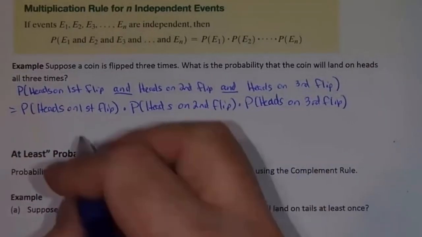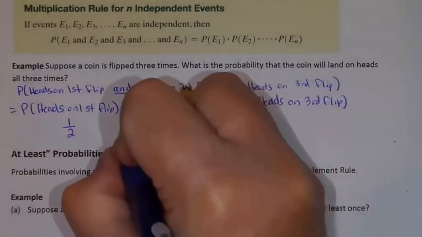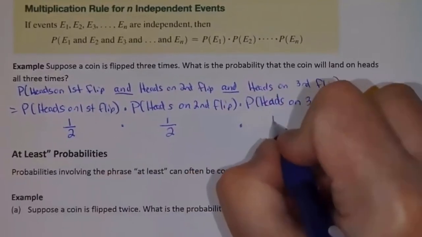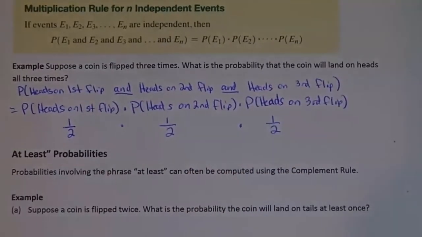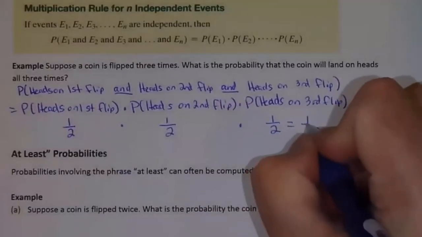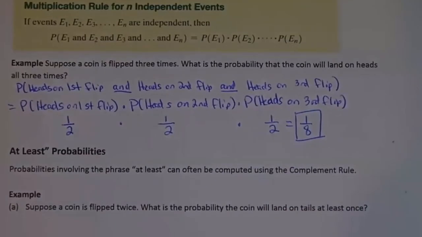So the probability of getting heads on the first flip is 1/2. The probability of getting heads on the second flip, also 1/2. The probability of heads on the third flip, also 1/2. If I take 1/2 times 1/2 times 1/2, that is a 1/8 probability. So if I flip a coin 3 times, the probability that it lands on heads all 3 times is 1/8.